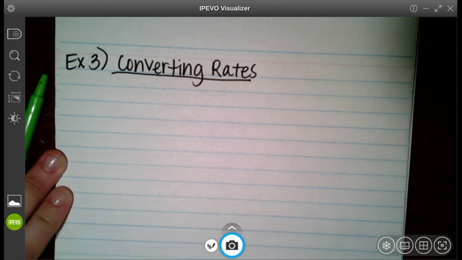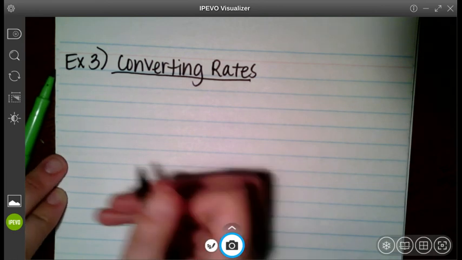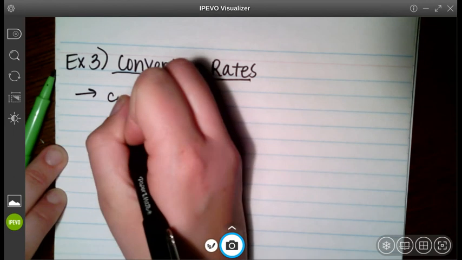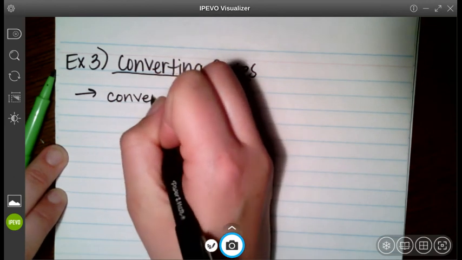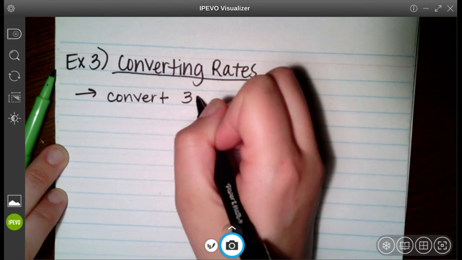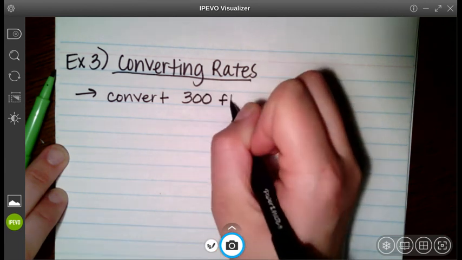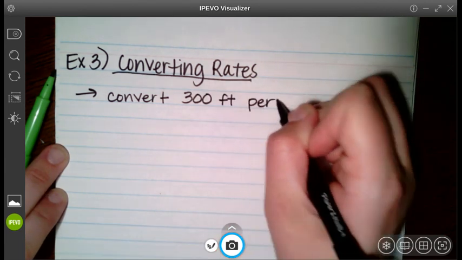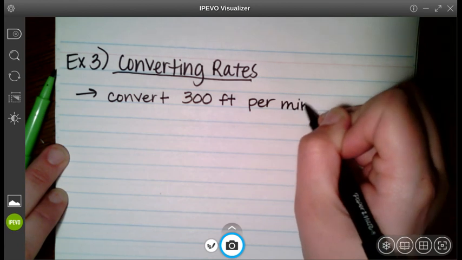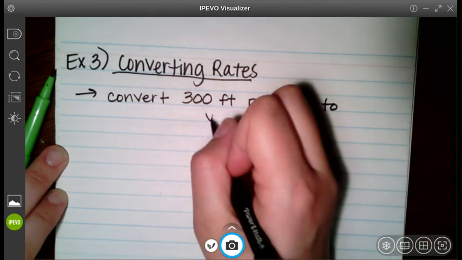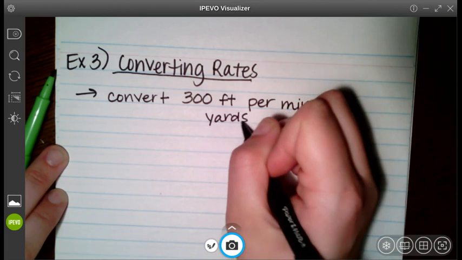Sometimes both change. Those are more the higher order thinking questions. So for example, we might be asked to convert 300 feet per minute to yards per minute.